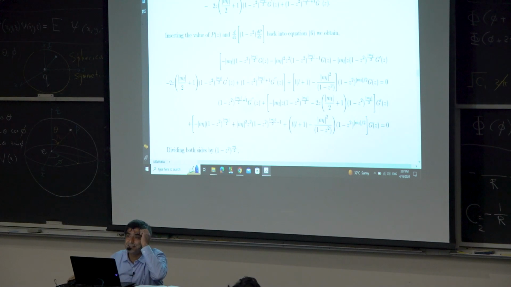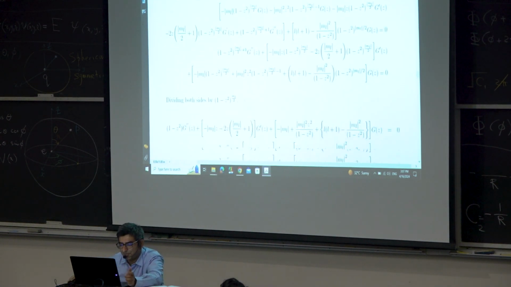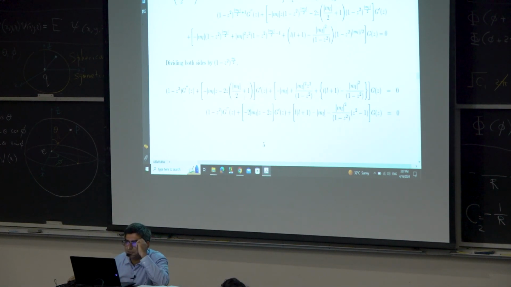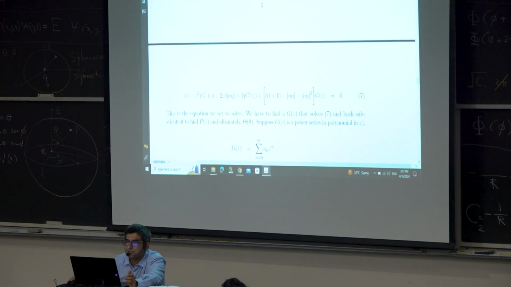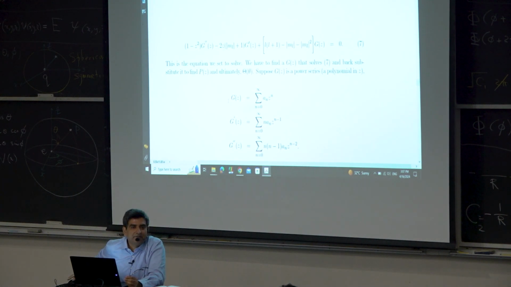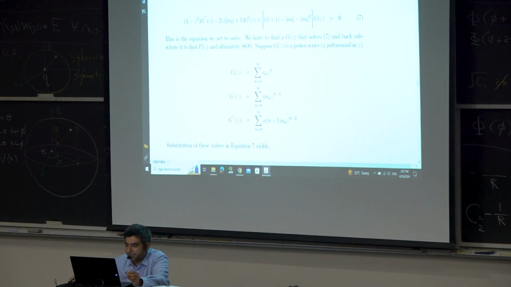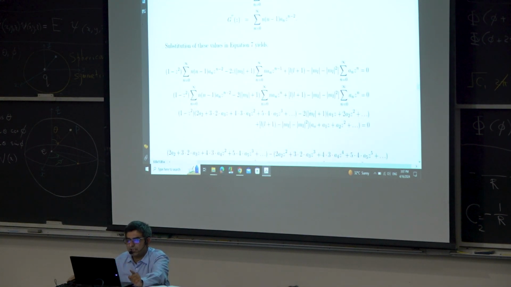By the way, nothing of this is something you can't do. Now I have this equation. My p is now a polynomial in z, a power series in z. So the first derivative can also be found. I substitute these polynomial expressions into my big equation. This is what I get at the end.